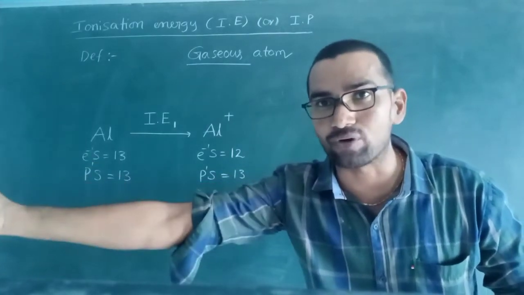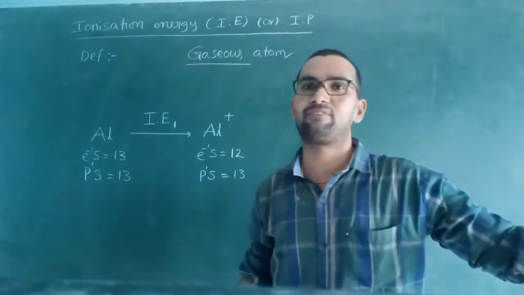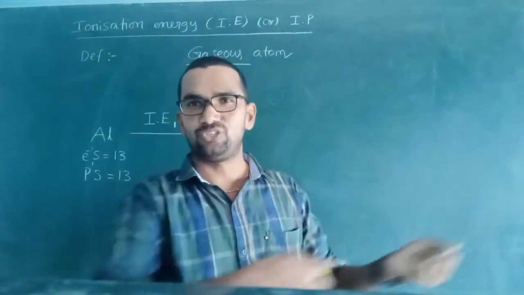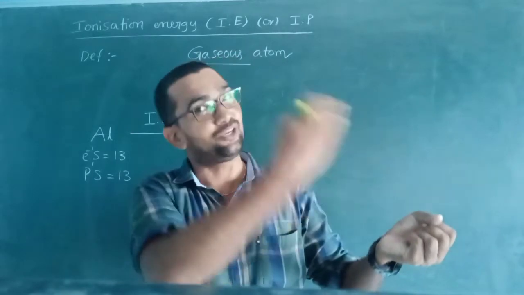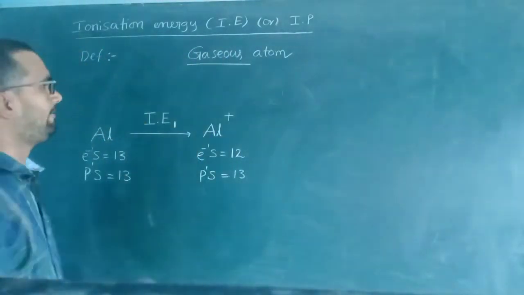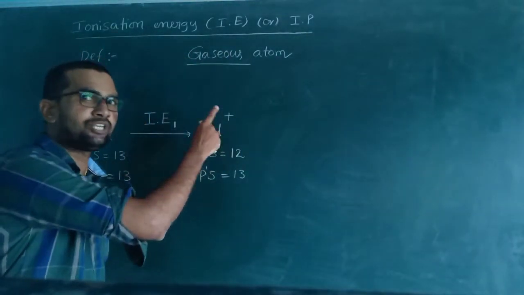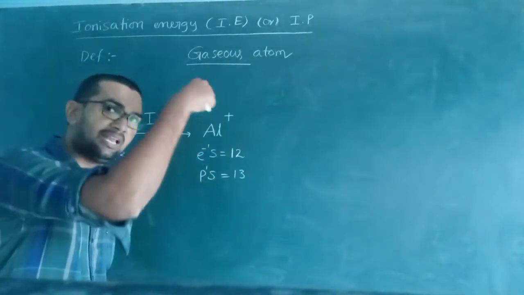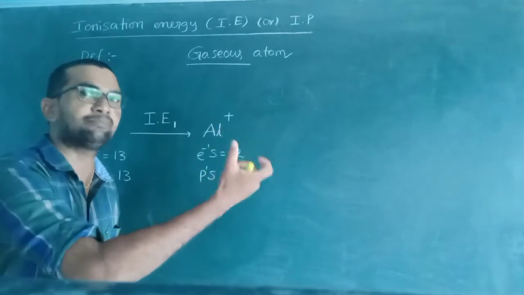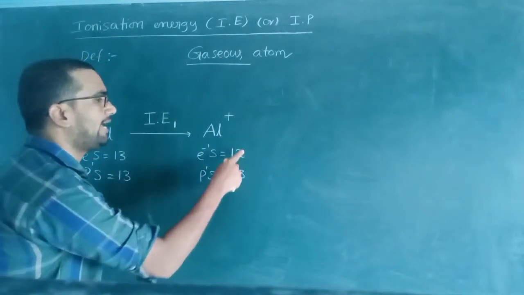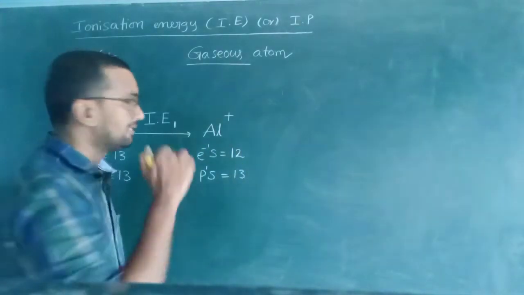So the proton number is more compared with the electrons. That's why the protons drag the electrons towards the nucleus, not into the nucleus, that is not possible. So after losing one electron, the size will decrease, and the decrease is more because protons are greater than electrons.